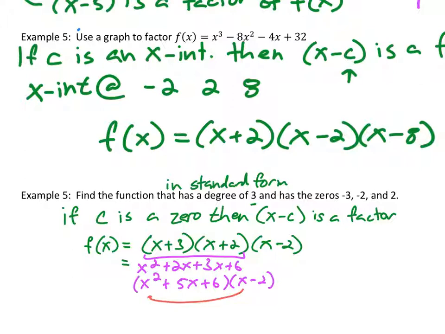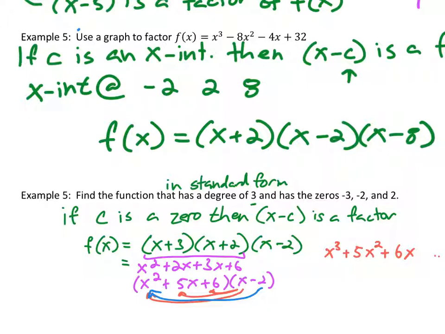We're going to multiply everything over here by x. That gives us x to the power of 3 plus 5x squared plus 6x. And then rather than trying to write the rest over here, I like to just go ahead and put it below, right? And then you can just add vertically.